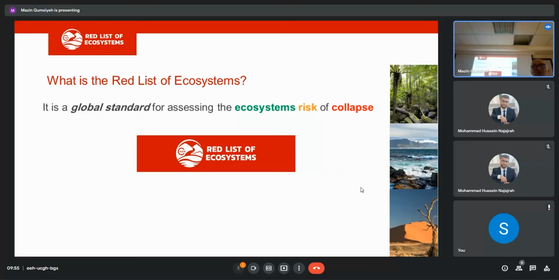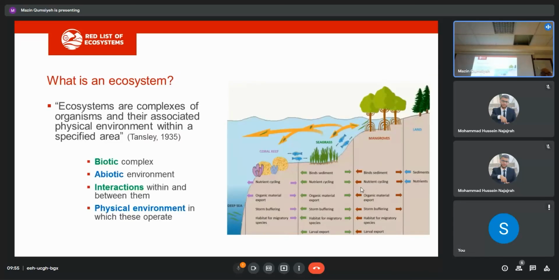It's more or less the same as for species, where it was the assessment of the risk of disappearance. For an ecosystem, the right term is collapse, not extinction.